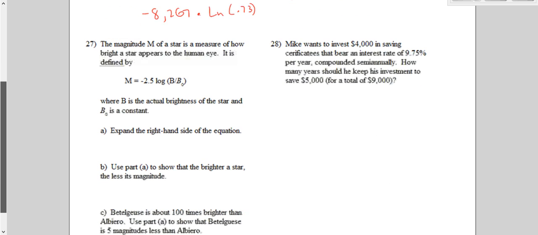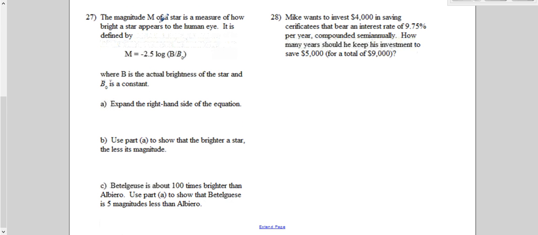Okay, looking at number 27, the magnitude of a star. The brightness or the magnitude is based on m equals negative 2.5 times the log of B over B sub 0. B is the actual brightness of the star, and B0 is a constant.